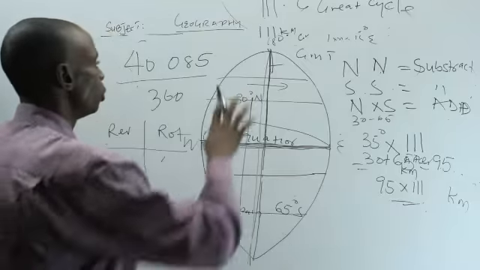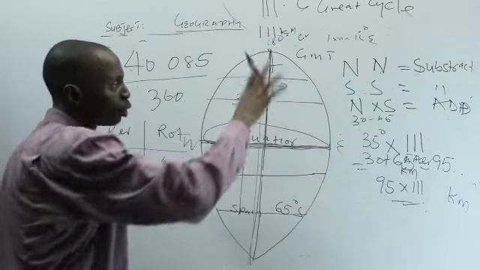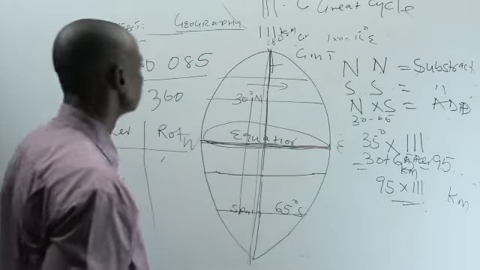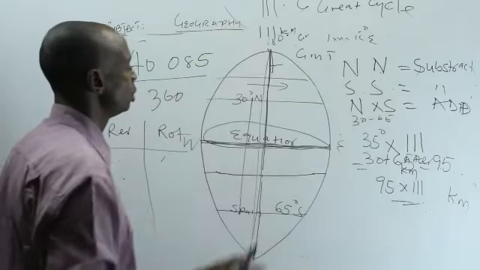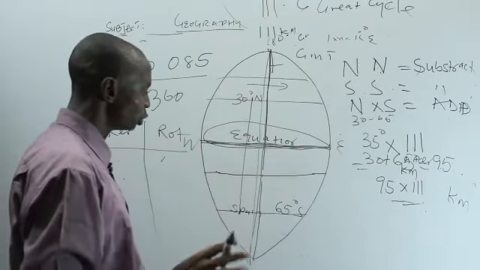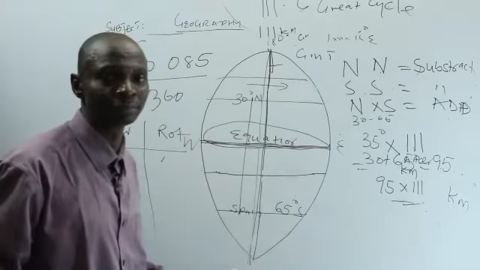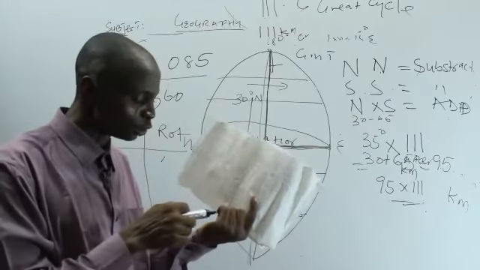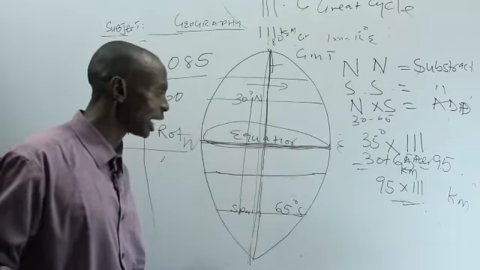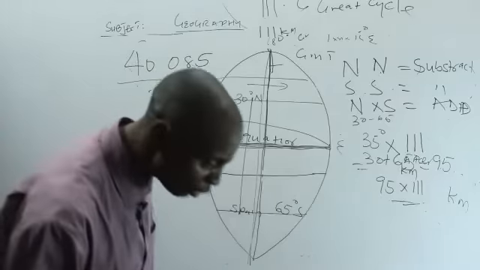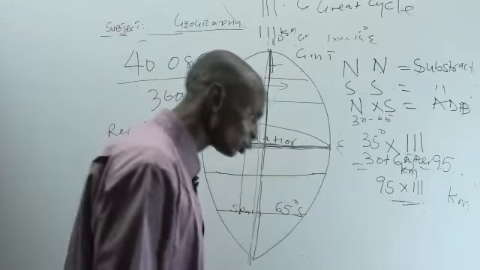After that, we went ahead to look at the important lines on the globe. Number 1 is latitude, number 2 is longitude. And we say that these lines are imaginary, you don't see them. So you will not say, when I get out of the class, let me go and look for the line that the teacher was talking about.